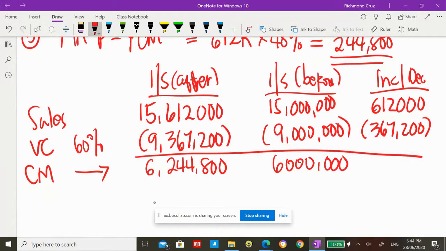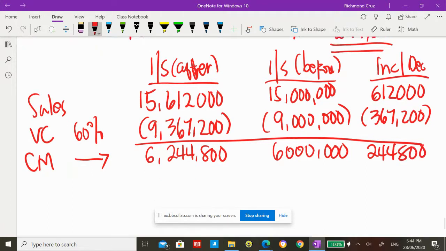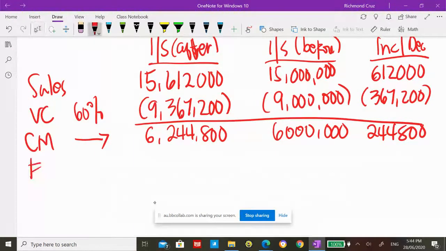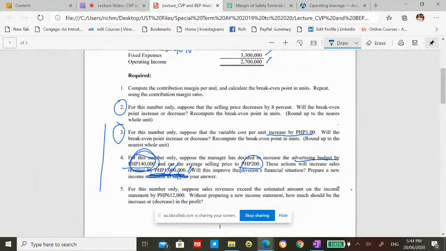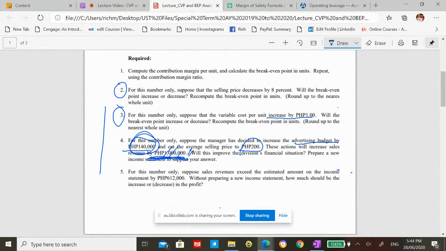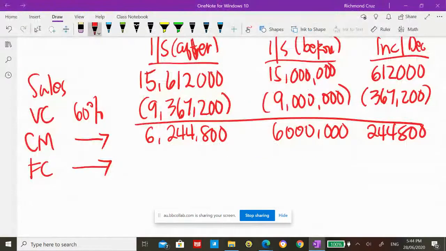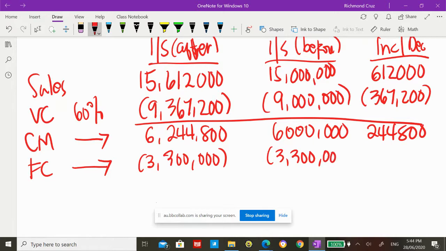Then we have the fixed cost. Of course, there are no changes according to the problem. For this number only, nothing was said about the fixed cost, so this will be 3,300,000, and the change is 0.